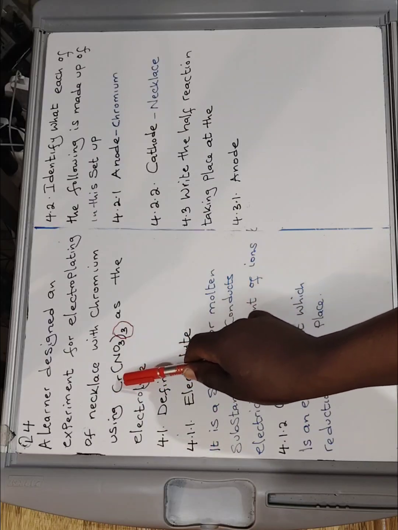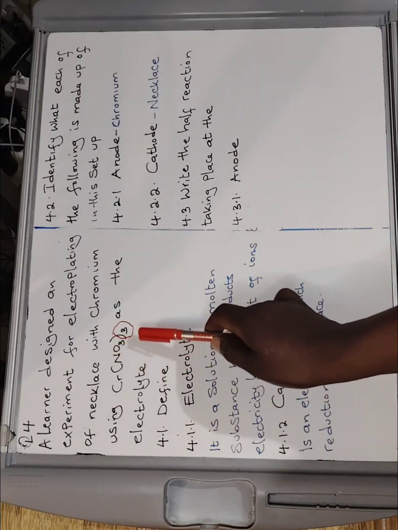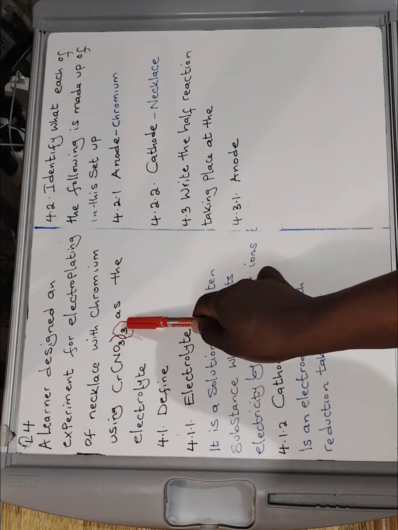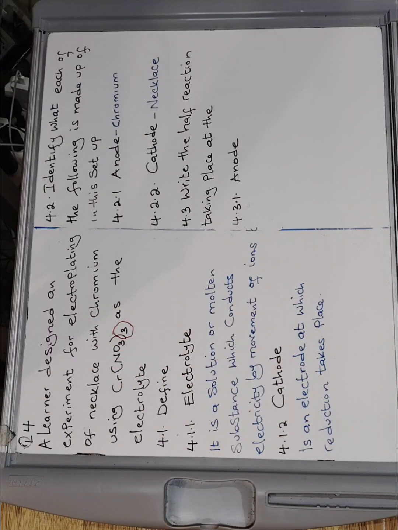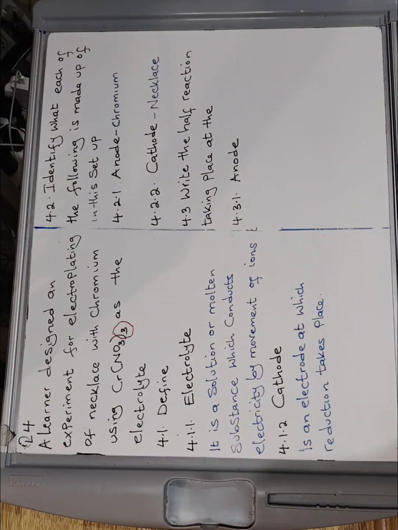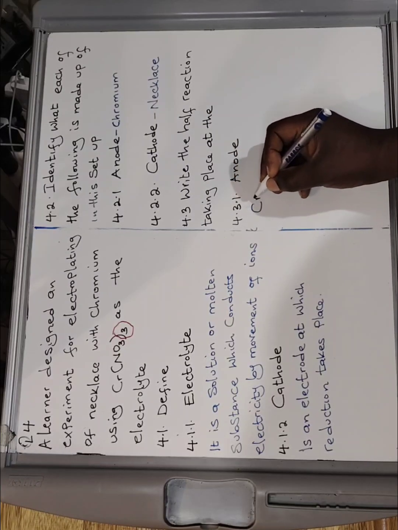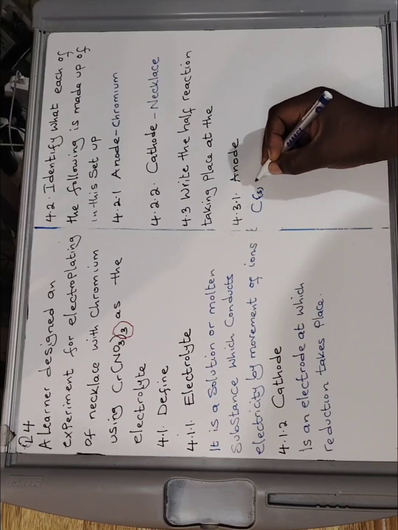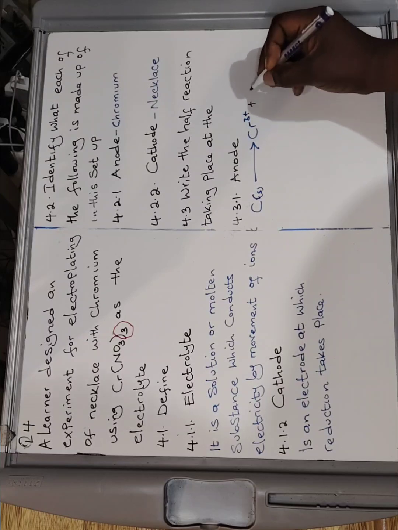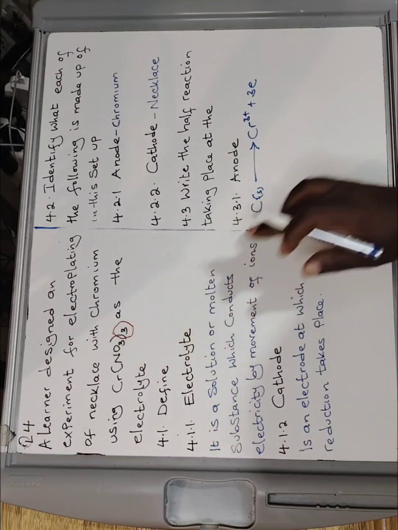But for this compound, what is the valence of chromium? This number is for chromium, because nitrate is 1. The 1 of nitrate is here. Remember, don't write 1. But the 3 of chromium is there. Why is it important? It's important because we are supposed to indicate the number of electrons transferred. So it's going to be chromium solid being oxidized to chromium ions plus 3 electrons. This one, we get it from there.